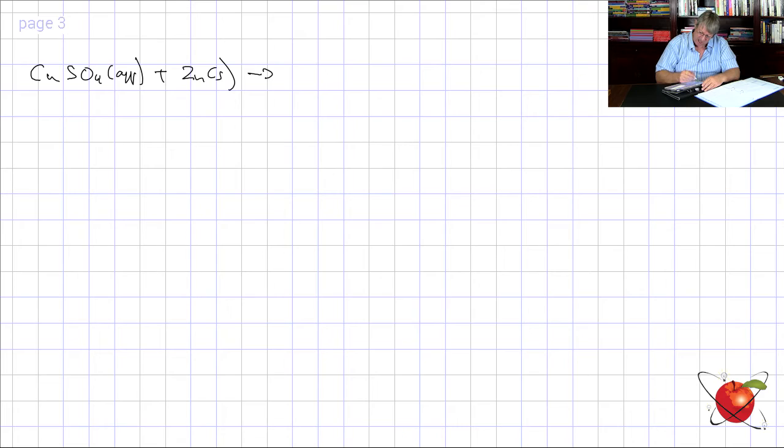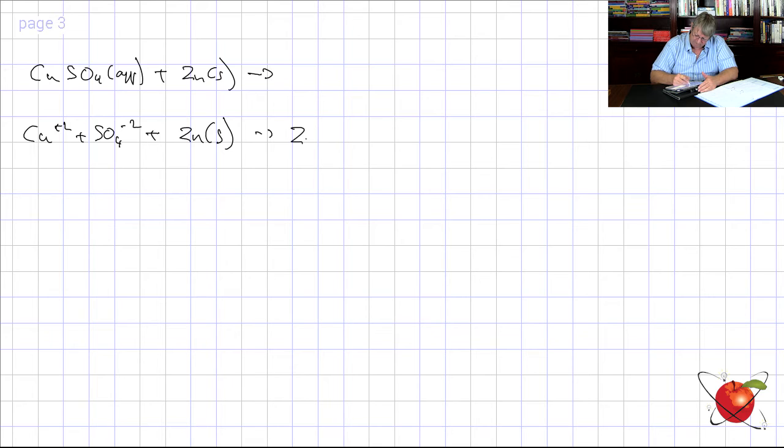What actually happens? This is in solution: copper plus 2 plus the SO4 minus 2. And we come along and add zinc solid in there. Now, what happens is the zinc was a solid, the zinc dissolved and became zinc sulfate, because we got copper, Cu as a solid.